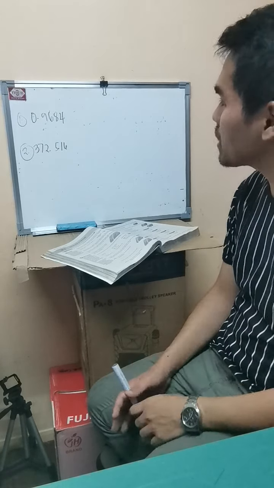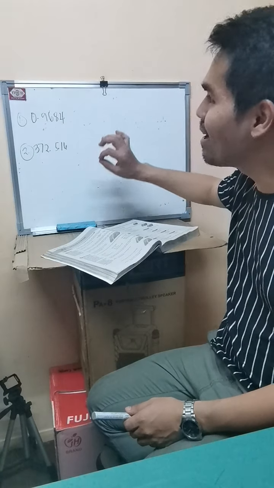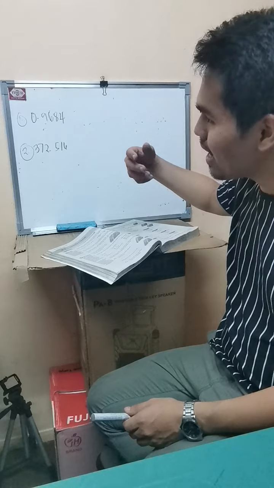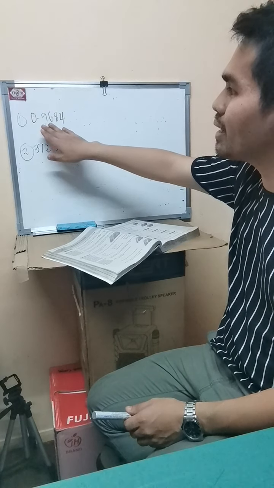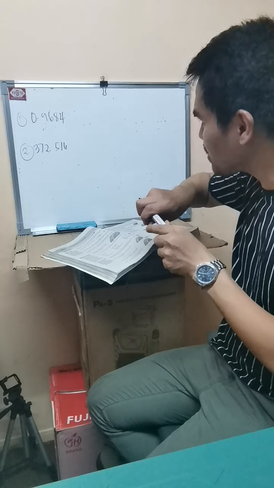Okay, so I think we're good already. I'm going to write the answer now, and I suppose you have also written down on your scratch paper the word equivalent of this decimal notation. So let's start with the first one.